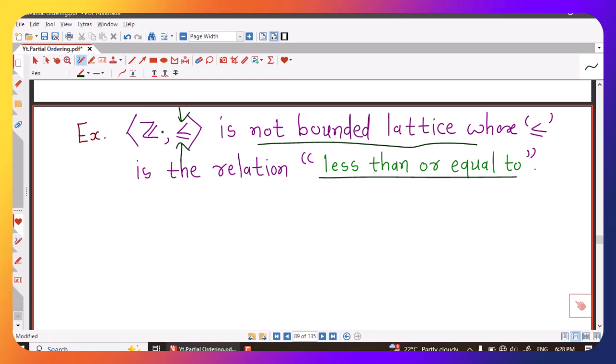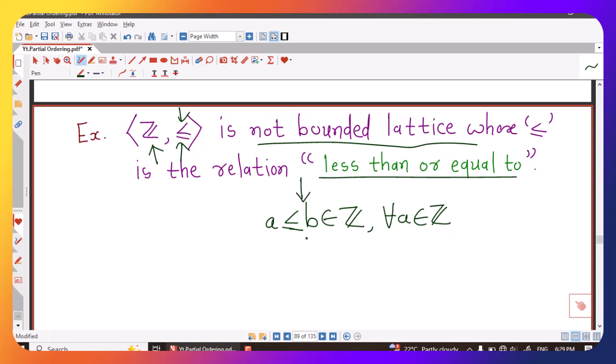That implies that Z is not bounded, and it is clear that we cannot find out any fixed number, say B. There is no B in Z such that every element of Z is less than or equal to B. We cannot have this situation.